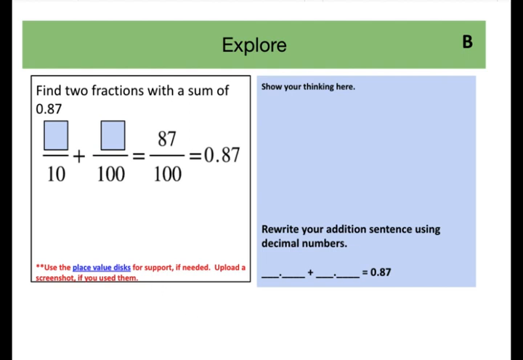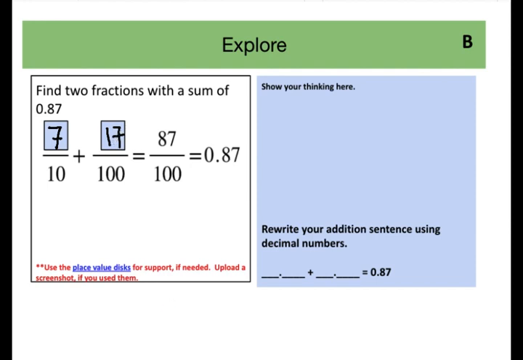So we found a few different ways. We said we could do 8 tenths and 7 hundredths. We also noticed that I could take a tenth away, make it 7 tenths, and then I add 10 more hundredths here, so I get 17 hundredths.